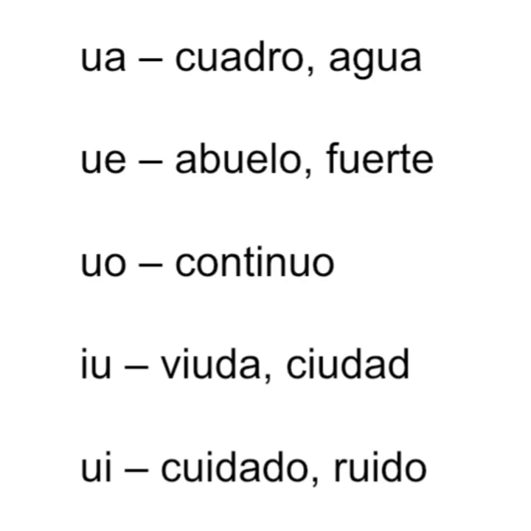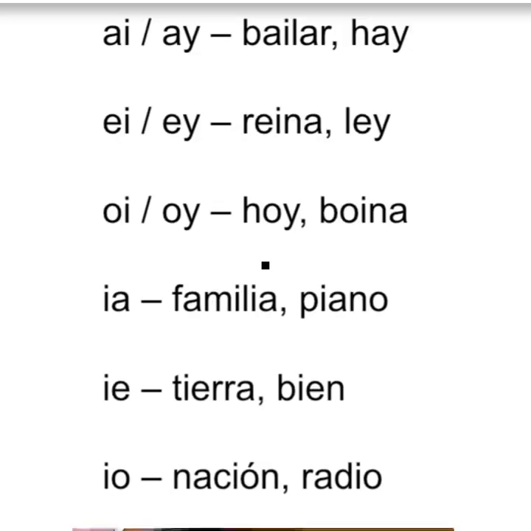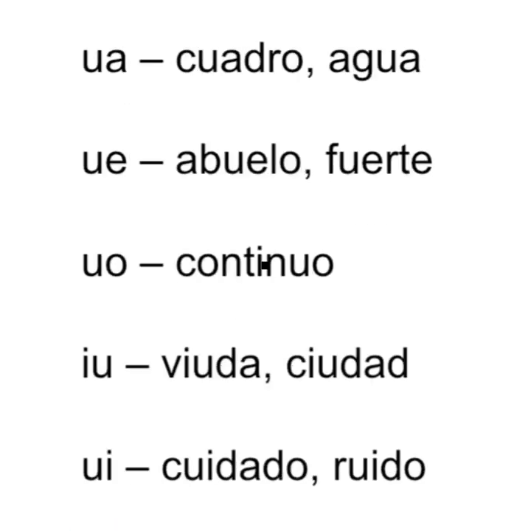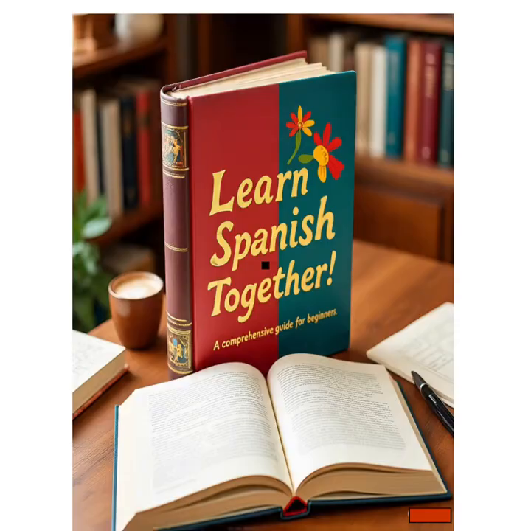UI as in cuidado, ruido. Ai, bailar, reina, ley, hoy, boina, ia, familia, piano, ie, tierra, bien, io, nación, radio, ua, cuadro, agua, ue, abuelo, fuerte, uo, continuo, iu, viuda, ciudad, ui, cuidado, ruido.